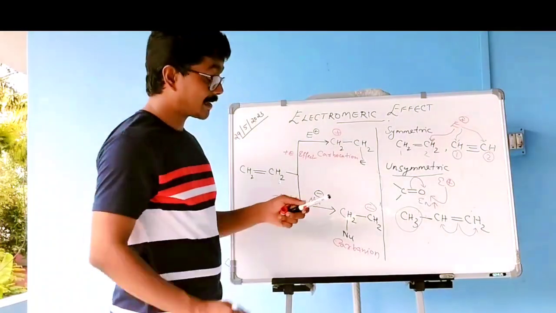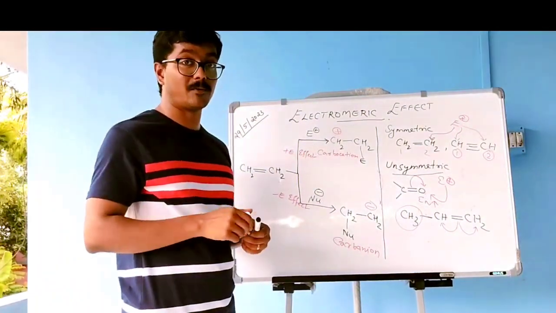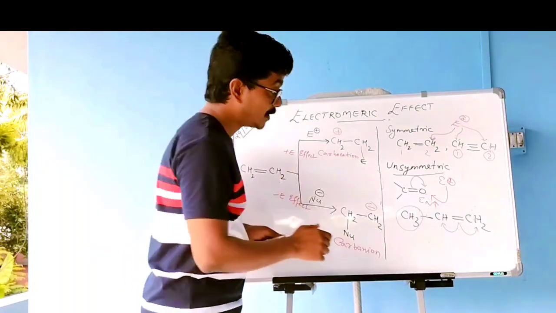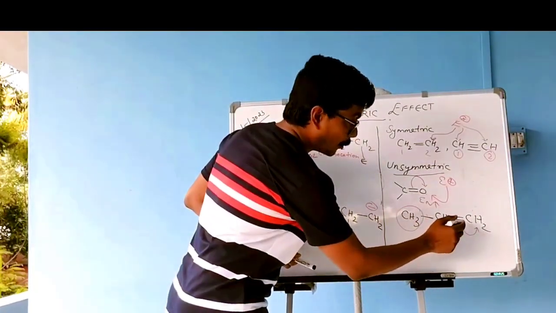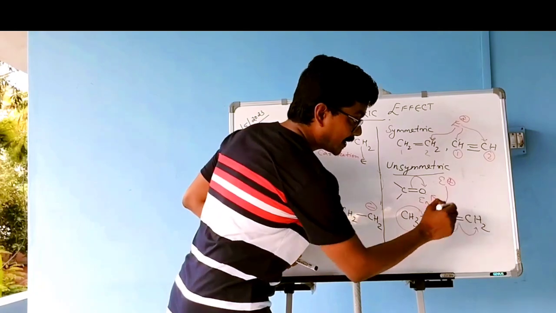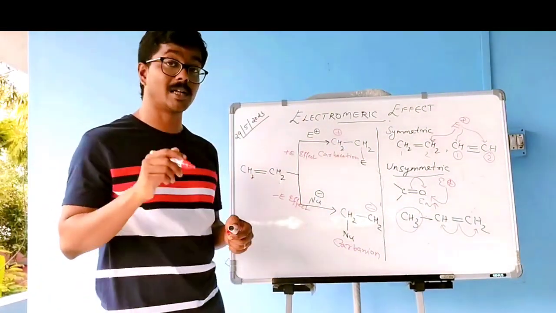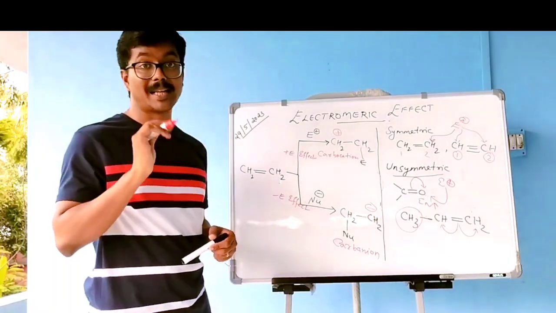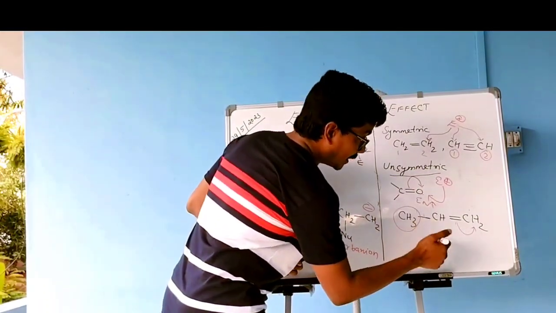But the transfer of pi electrons depends on the stability of the carbocation formed as an intermediate. So the pi electrons will transfer only to the terminal carbon, forming a secondary carbocation. Secondary carbocation is more stable than primary carbocation.